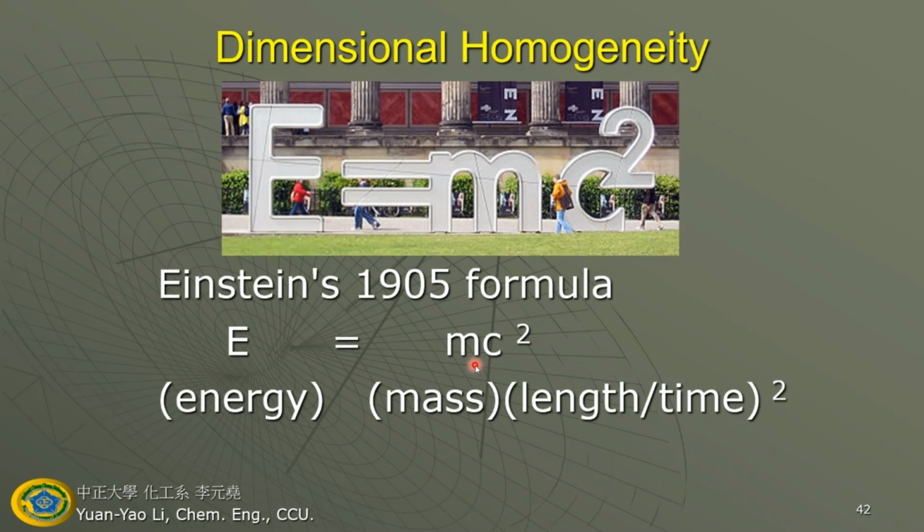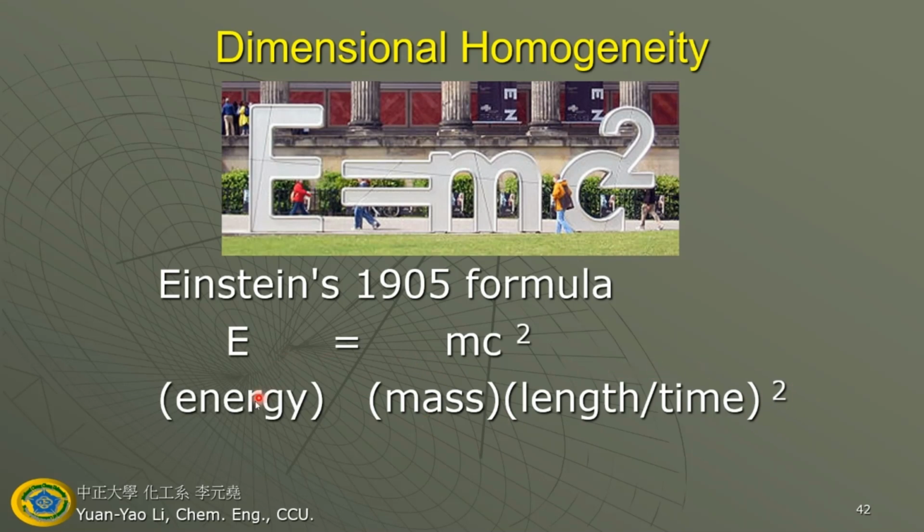As you know, m is mass, and c is the speed of light, so the dimension is speed. It means length divided by time, to the power 2, right? So this is the dimension on the right.